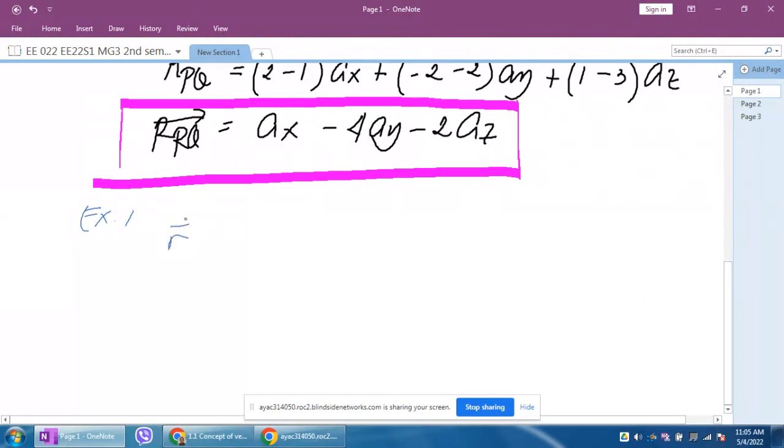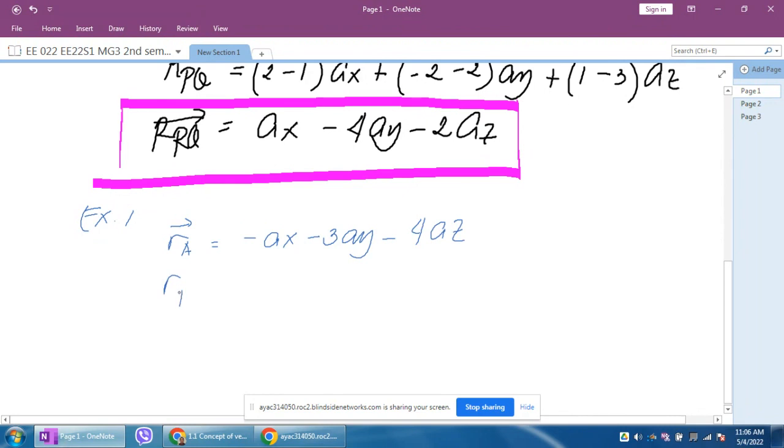So, given vector RA, which is equal to negative AX minus 3AY minus 4AZ.